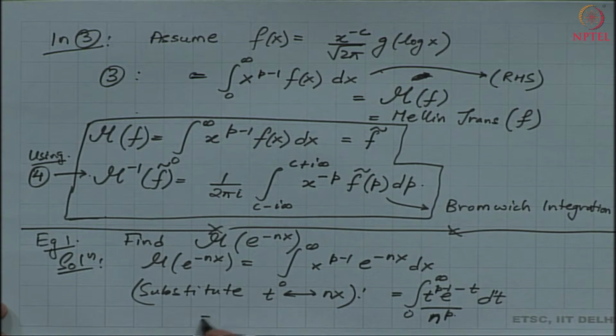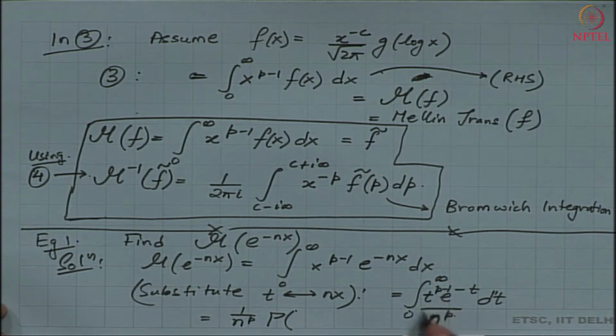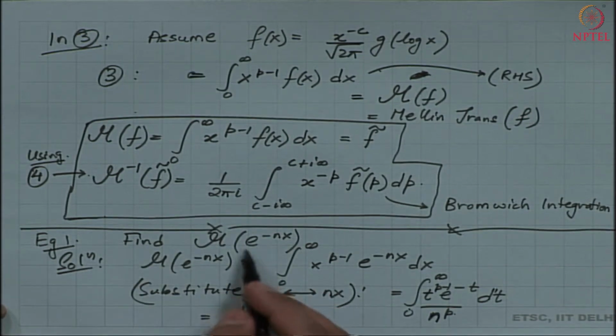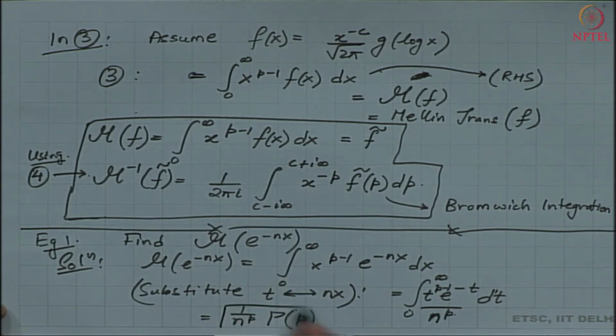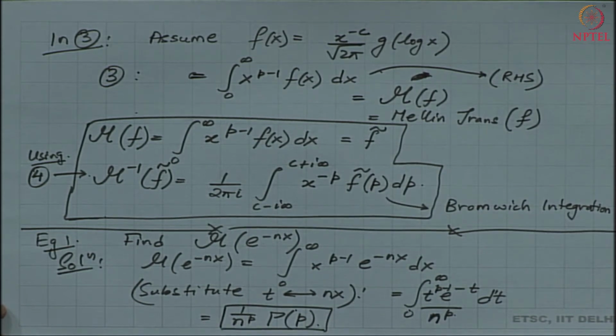So, the Mellin transform of the function e to the power minus n x is 1 by n to the power p times the gamma function evaluated at p.